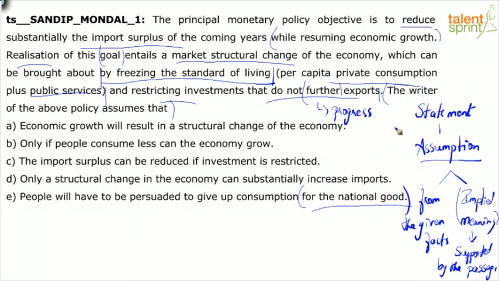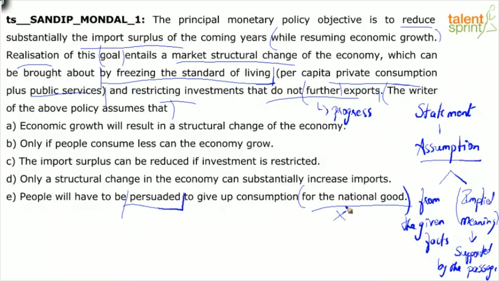And the author is not implying that any sort of persuasion has to happen. He just says, these are some of the factors which I think will help the situation. So I won't assume E.